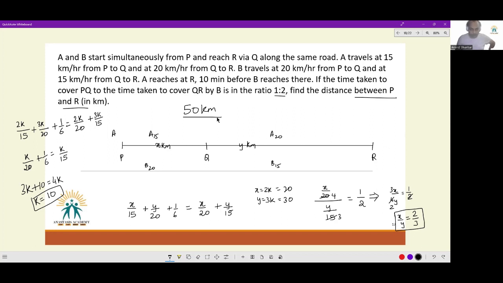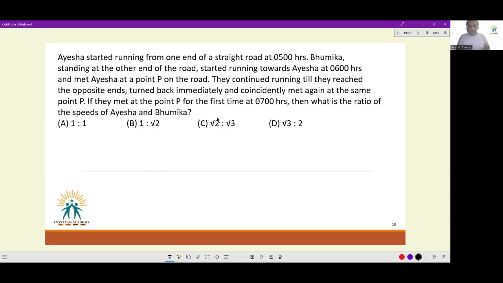Okay. Next question. Aisha started running from one end of a straight road at 0500 hours, that is, she started running at 5 a.m. Bhumika, standing at the other end, started running towards Aisha at 0600 hours, which means 1 hour after Aisha started, and met Aisha at point P on the road.